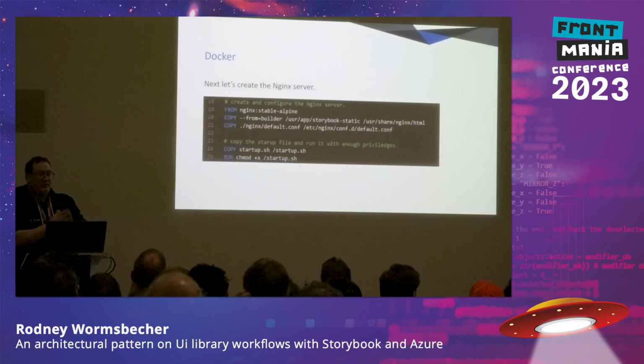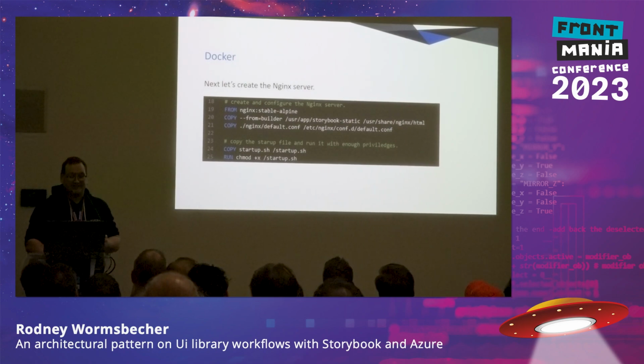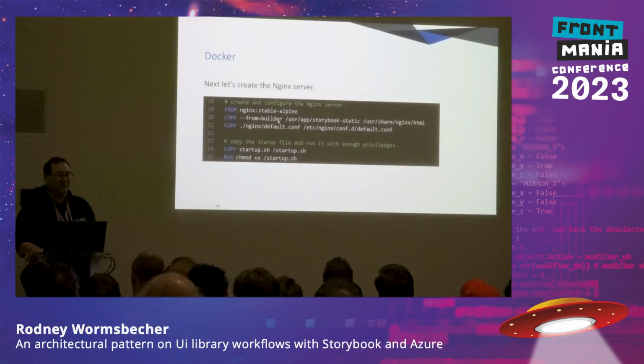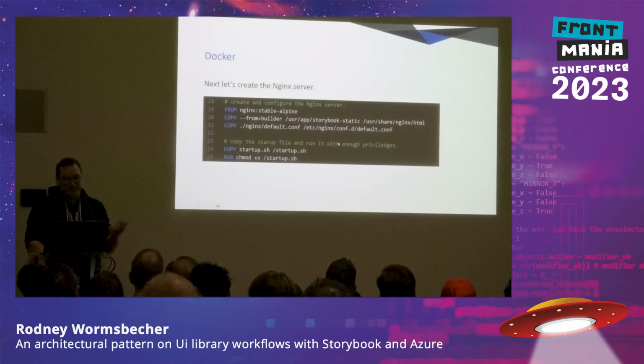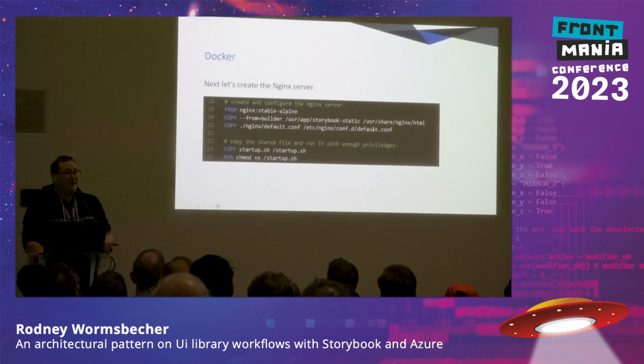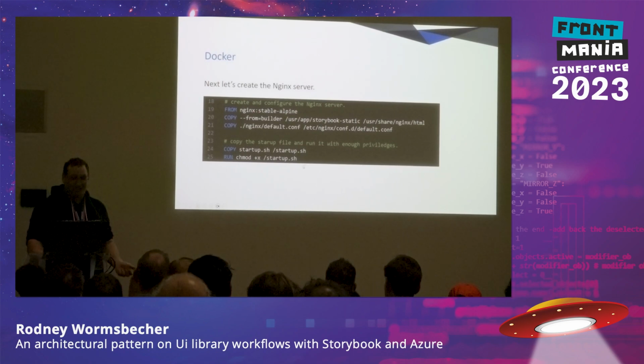So to host it, I will use nginx alpine, and that's actually the smallest version. I check whether the builder is done. I copy over my storybook-static into the share of Nginx HTML. We copy in the configuration file, and we have a startup file and a chmod to give the permissions.